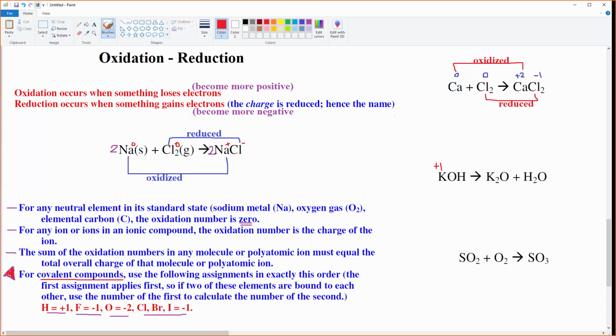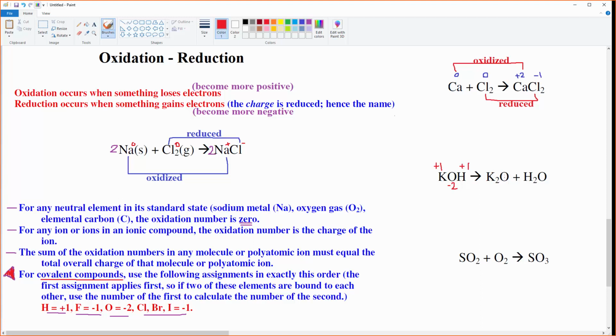Here's my hydroxide polyatomic ion. Good, so that hydrogen gets to be +1 because it's listed first. And then I just deduce the rest based on the fact that the overall thing has to be the overall charge, right? So that means that the oxygen is left with a -2 here. Excellent.